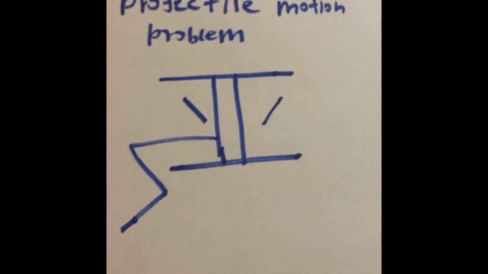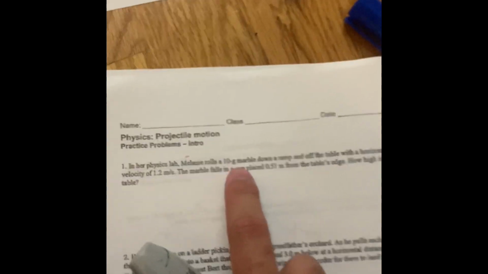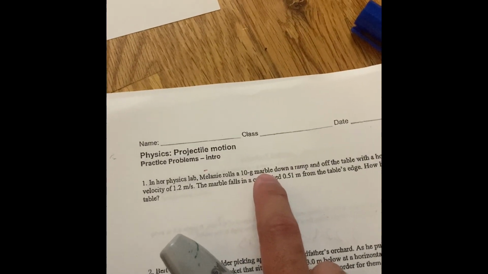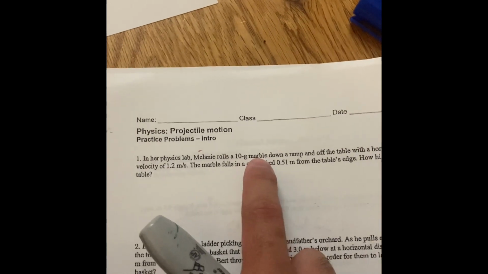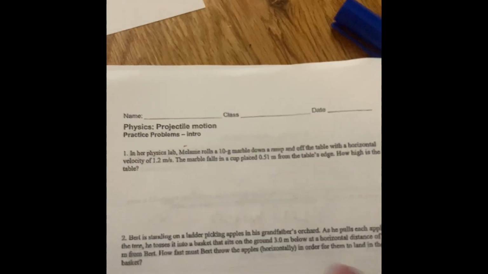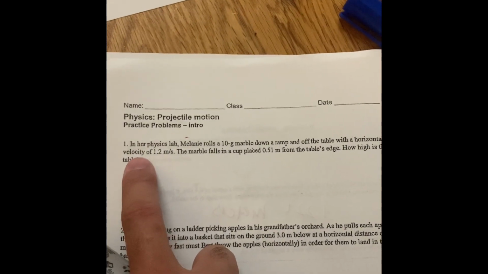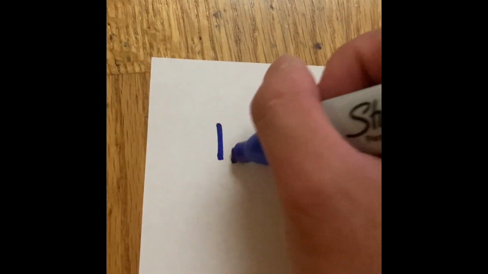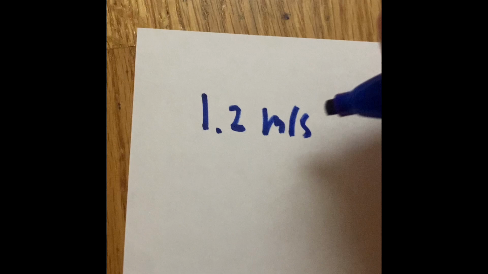To understand what we are juggling with, we have to understand what information is given to us. We first said that the marble is a 10-gram object, but since we're talking about a projectile and we're not talking about air resistance, 10 grams is not a necessary piece of information. We do need the velocity of 1.2 meters per second, so that's going to be our velocity.